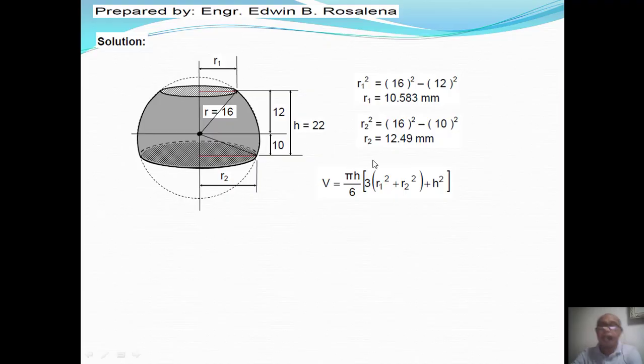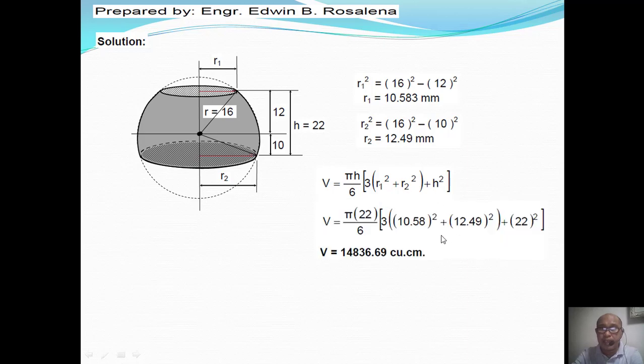So, pi h over 6 times this. So, h is 22, R1 is 10.583, R2 is 12.49. Substituting values, we have 1483.69 cubic centimeters for the volume of the frustum.